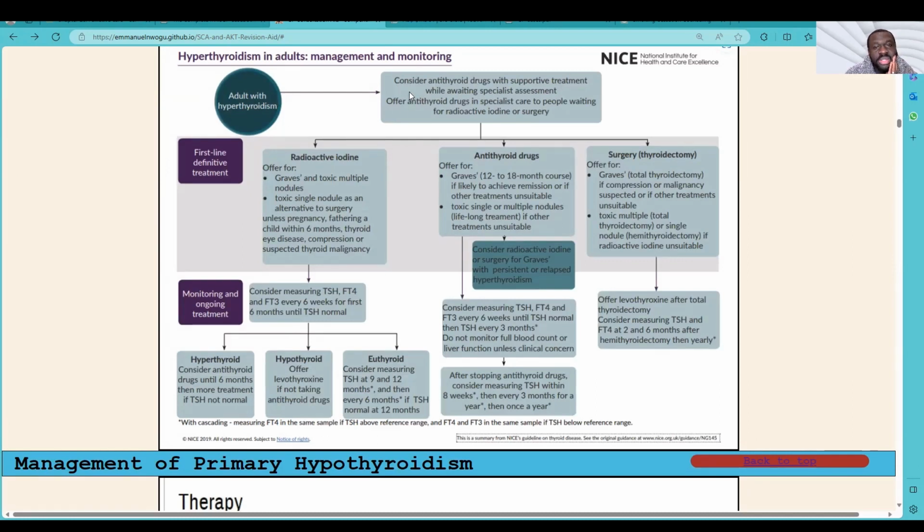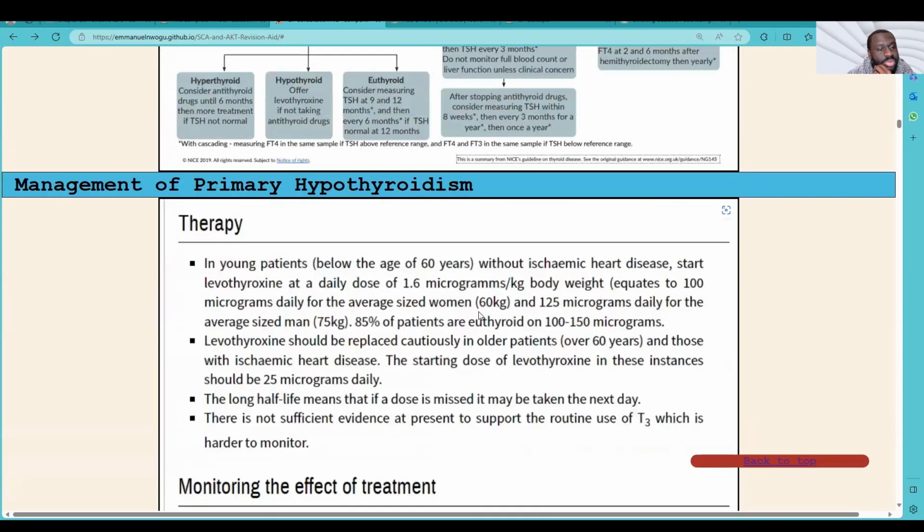So adults with hyperthyroidism consider antithyroid medications with supportive treatments while waiting specialist assessments, offer antithyroid medications in specialist care, so people waiting for radioactive iodine therapy. Skip those, minutes of importance.